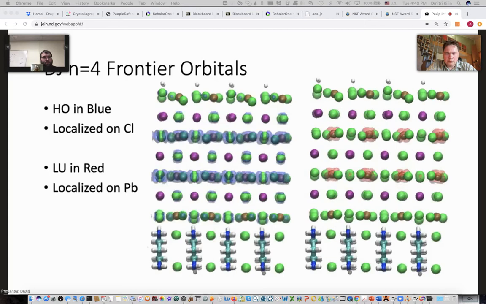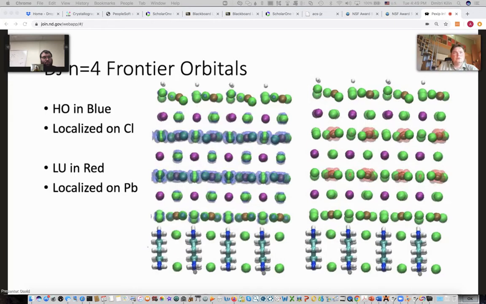And for the n=4, we see the expected HOMO on chlorine and LUMO on lead. We do see a slight avoidance of the organic layer in this model. So it's localized toward the center of the perovskite layer.